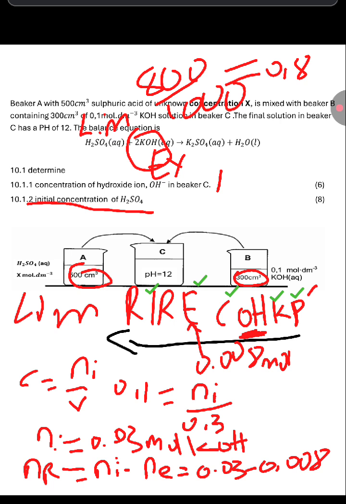So 0.022 are the reacted number of moles.